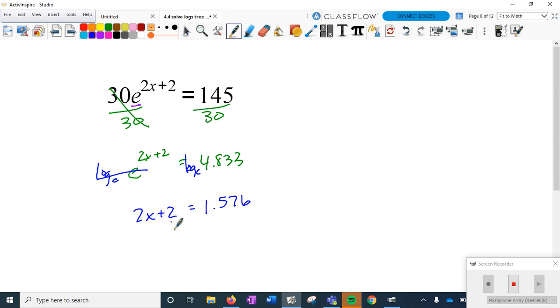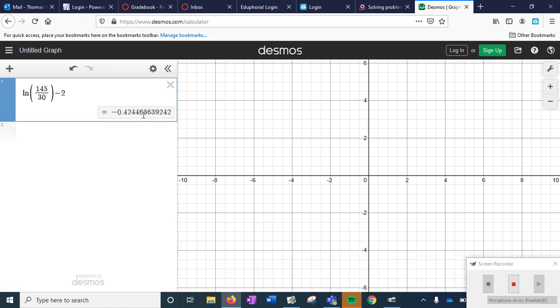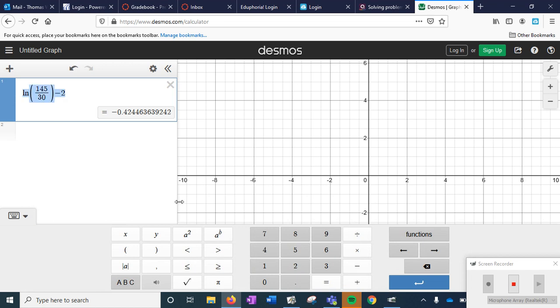Solving for x means subtracting 2. Okay, so let's just take that number there, and then we're going to subtract 2 from it. Let's just tack on a minus 2 here. Okay, and so we take this whole thing and we're going to hit divide by 2 to finish it up, right?